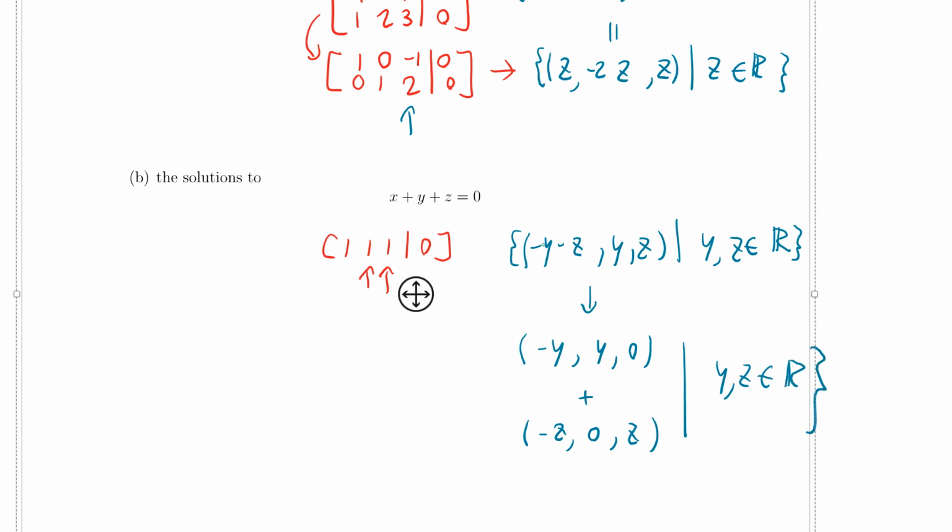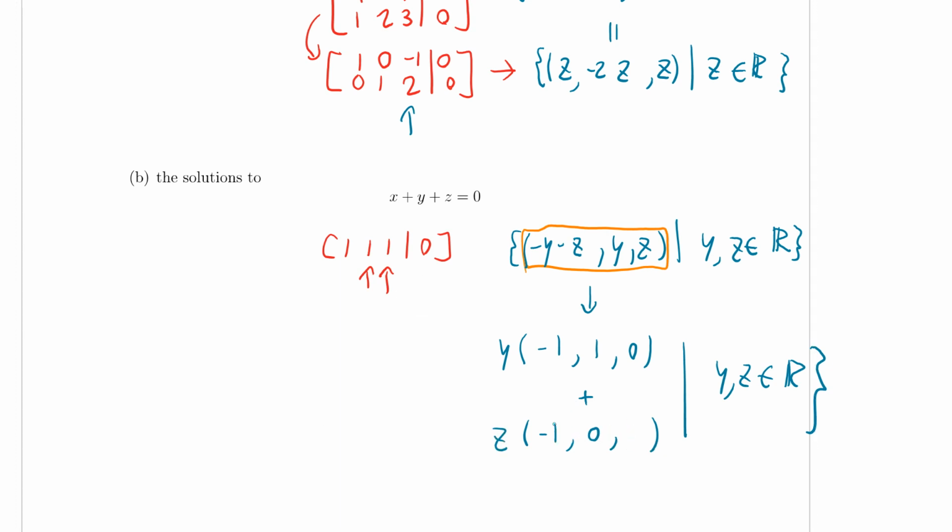So I can rewrite the vector negative y minus c, y, c as a sum of these two vectors. And now I can pull the y out. This guy is just y times negative 1, 1, 0. And the second guy is just c times negative 1, 0, 1.